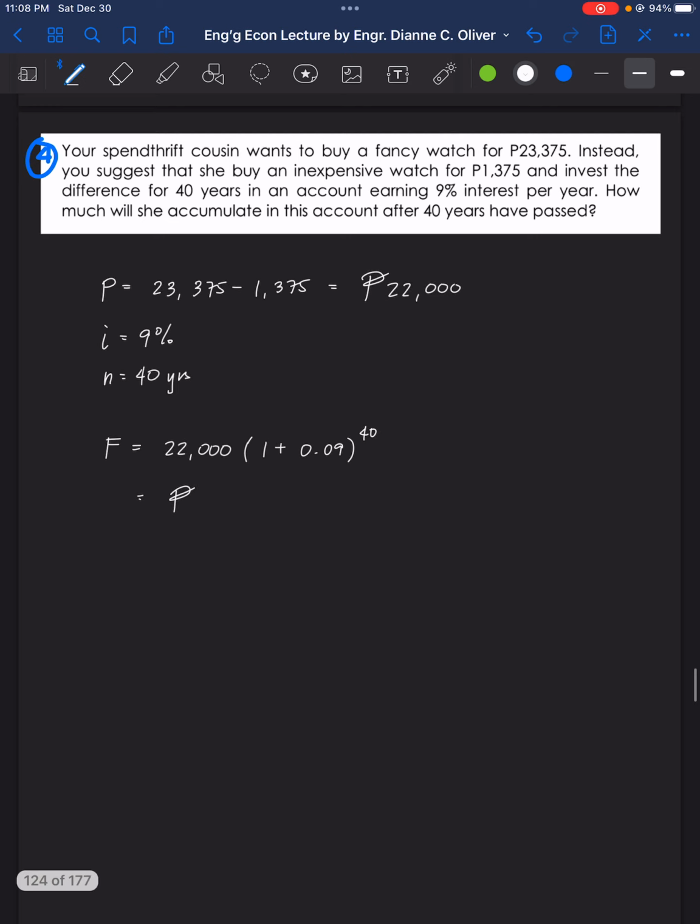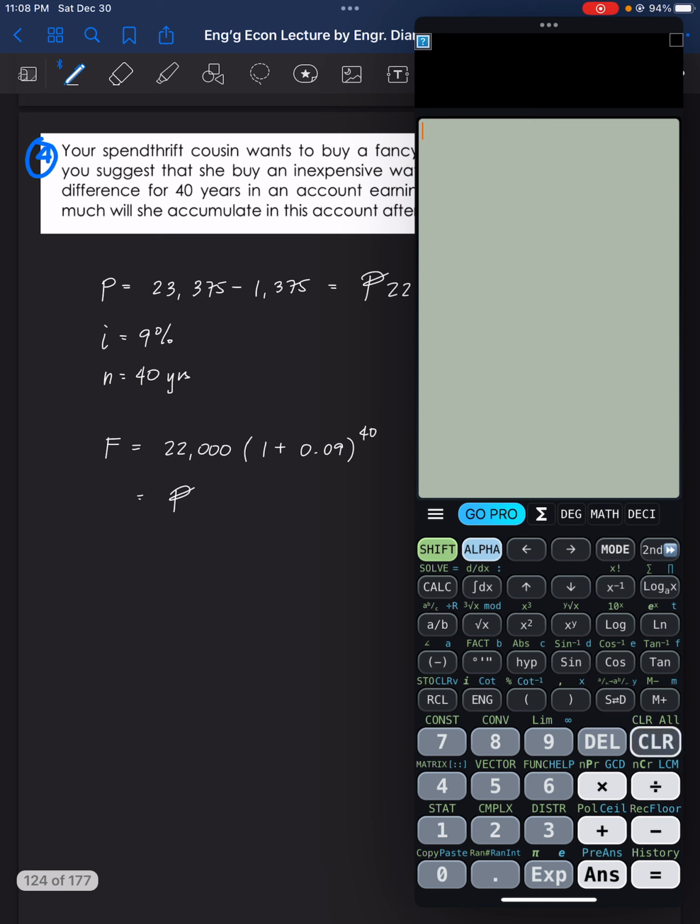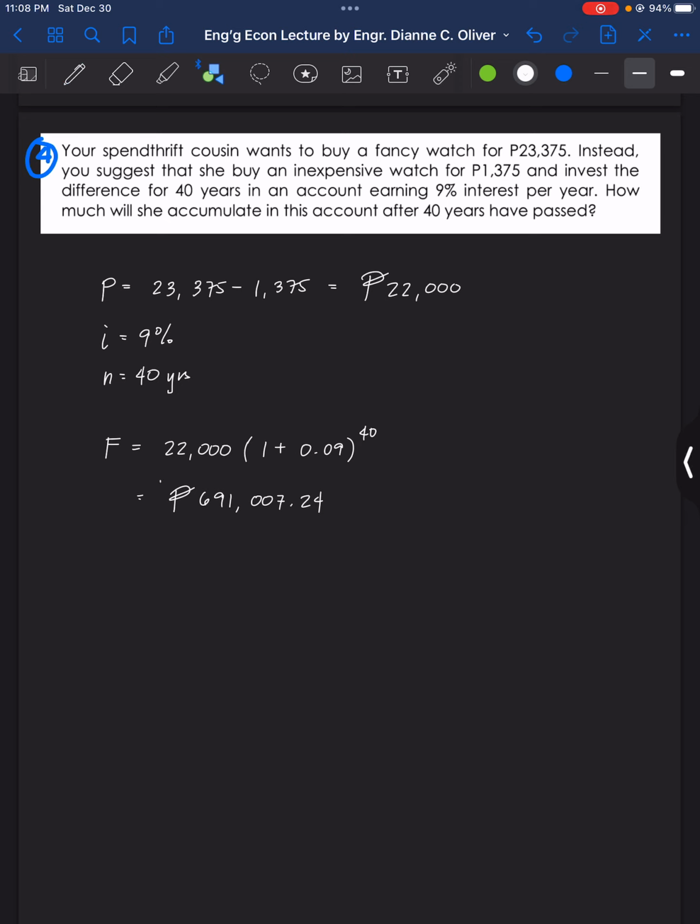So what's the amount? 22,000 times 1.09 raised to 40. So that will be 691,007.24 pesos. So that's for problem number 4.